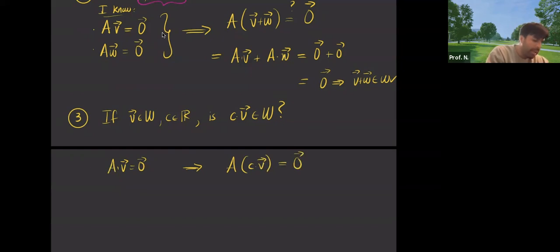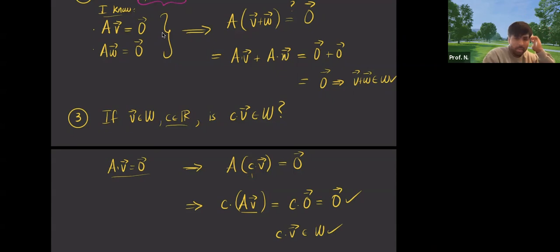Well, C is a scalar, right? By matrix multiplication properties, I can take the scalar and place it out in front. I can't change the order of matrix multiplication, but I can change the order of scalar multiplication. So I have this instead. But what's A times V? According to the definition of V being in W, this is 0. C times 0 is 0. So that means that C times V is in W.